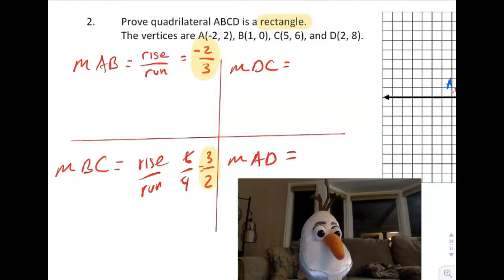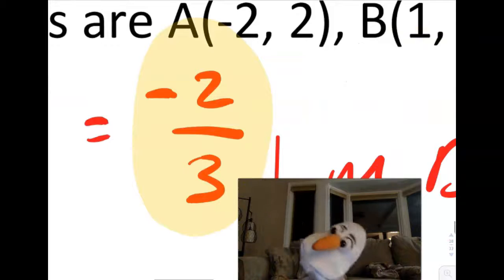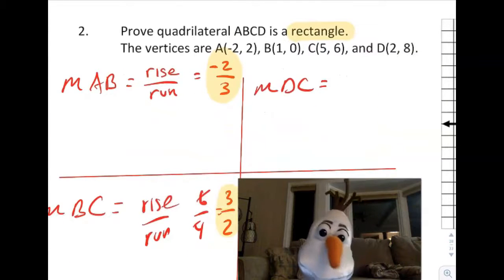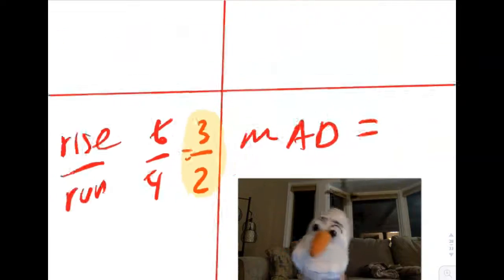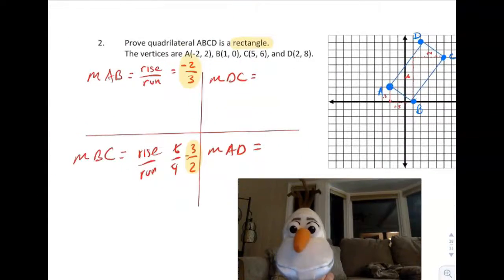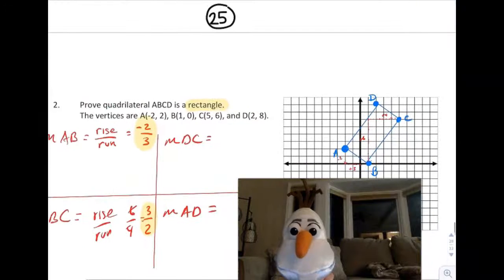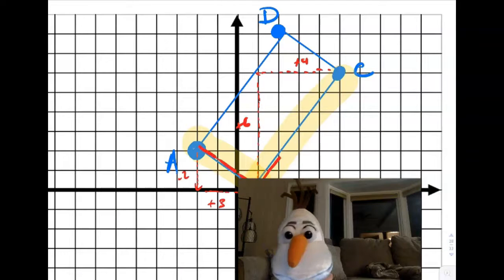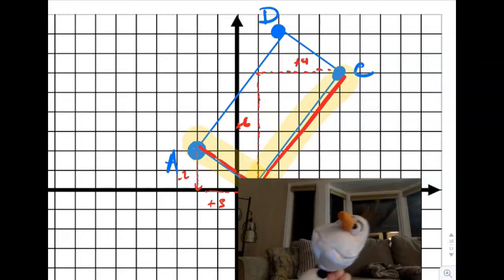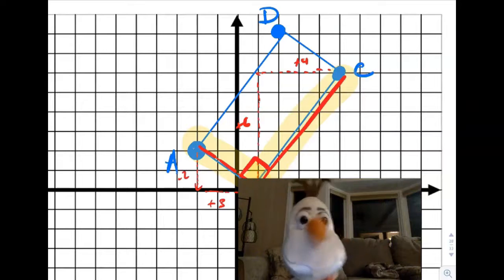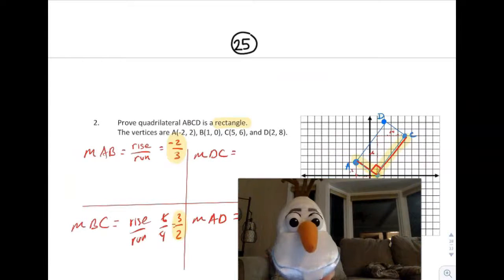So now you notice we have a negative 2 over 3 and a 3 over 2, which are negative reciprocals, meaning AB and BC must meet at a 90-degree angle because they have perpendicular slopes.